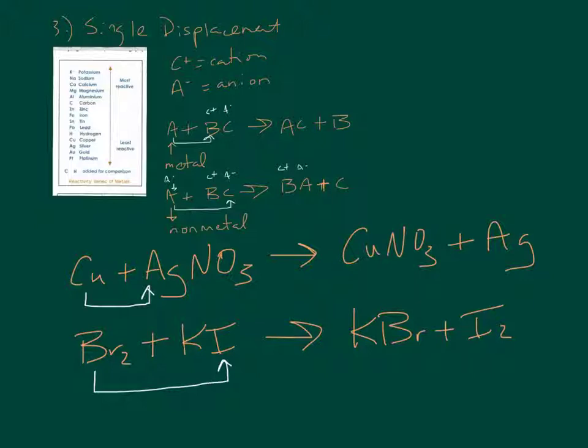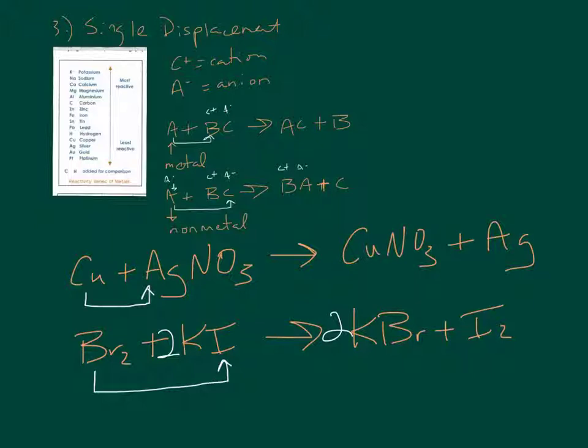I've got 2 bromines on the reactant side. I've only got 1 there, so let's put a 2 there. That gives me 2 bromines. It also gives me 2 potassiums, so I'm going to put a 2 there. Now I've got 2 potassiums on each side, and 2 iodines on each side, so now I am balanced.